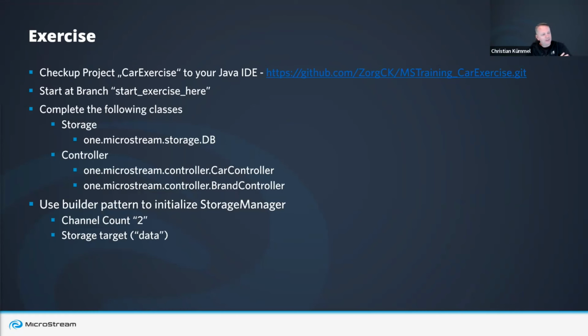So I think it depends a little bit on how old the MicroStream version is. There are not that many changes from 7 to 8, I would say. Especially for the training, 7 is totally okay. Most of the projects I use in the training are already updated to 8, but I guess this one is still on 7, 7.1.